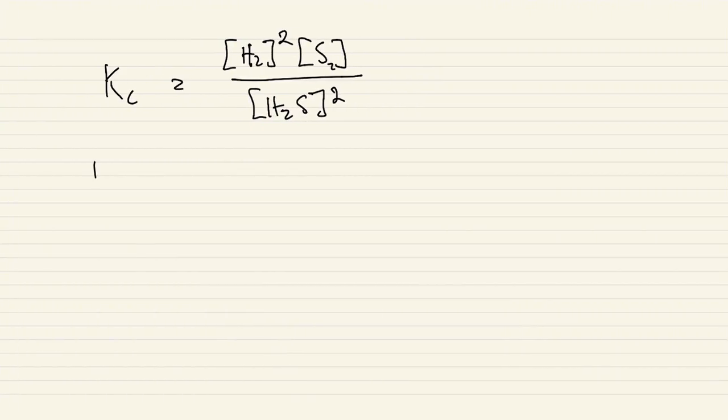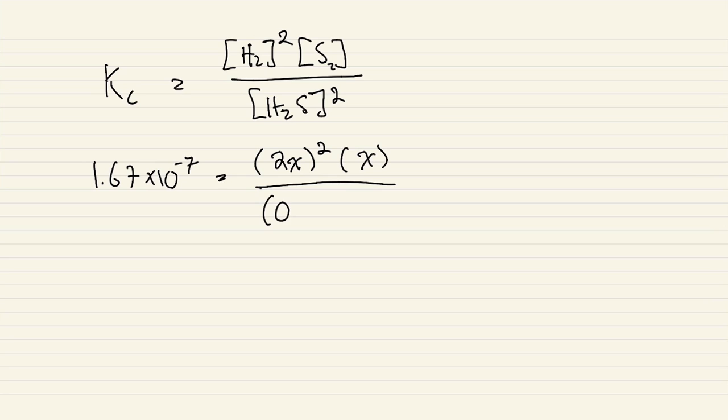So if we plug everything in, 1.67 times 10 to the minus 7 is equal to 2x squared times x over 0.0025 minus 2x squared.